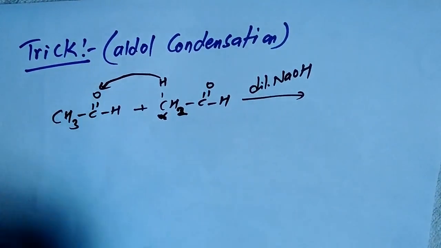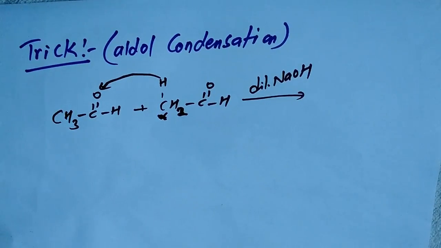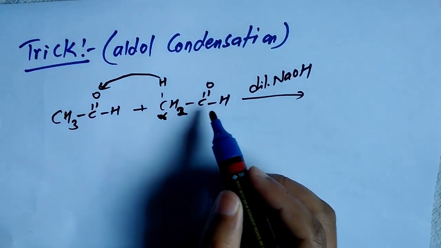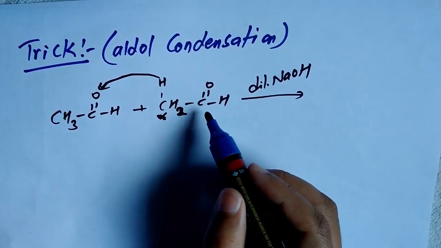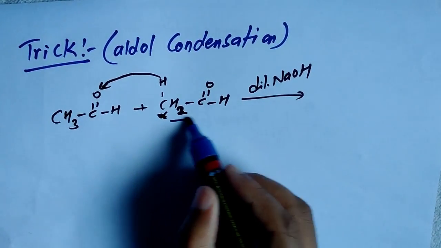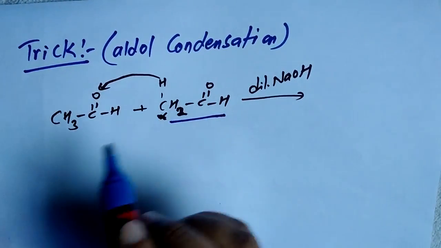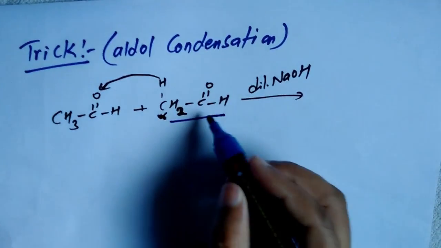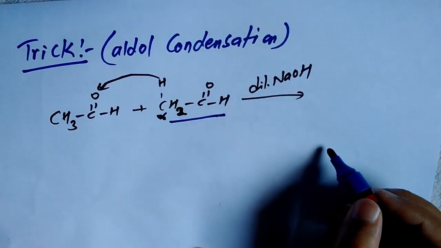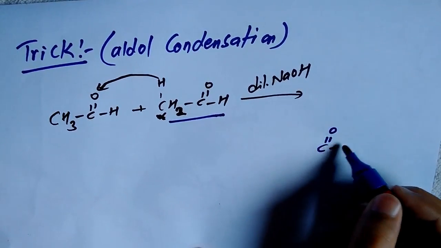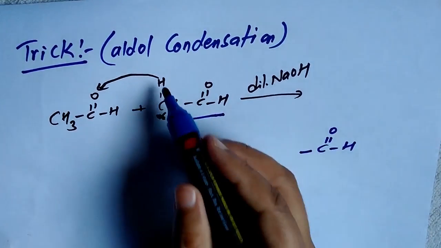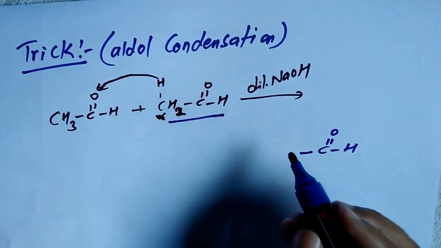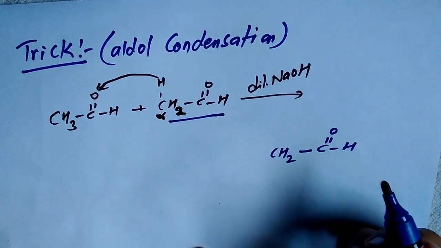this oxygen. So how to write the product? First of all, write the molecule which lost the alpha hydrogen, with C double bond O H on the right hand side, and do not write this alpha hydrogen, only write the remaining part, CH2.